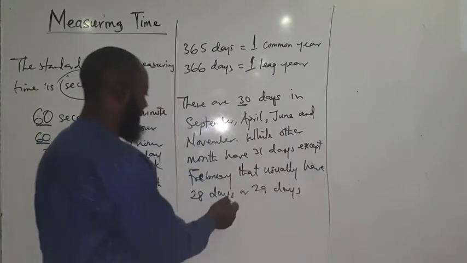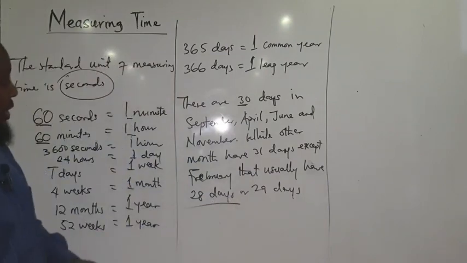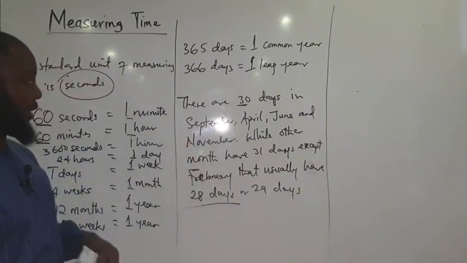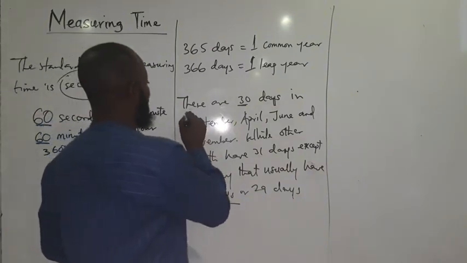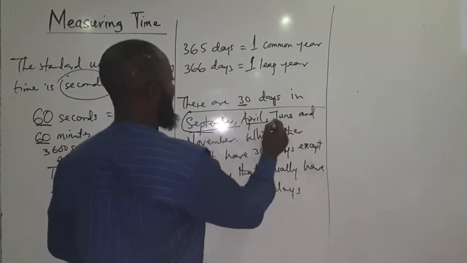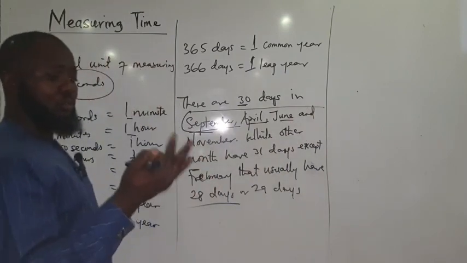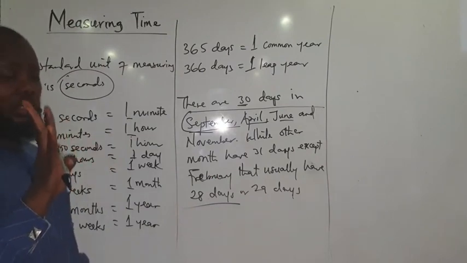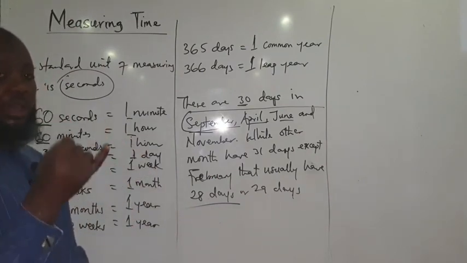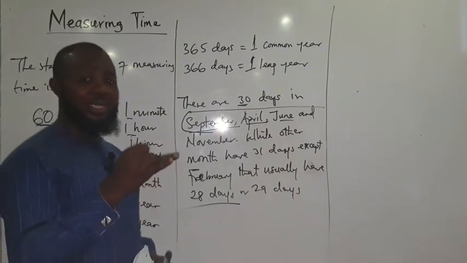It will be 28 days in a common year and 29 days in a leap year. This is very important. So just take note. Once you know these four, September, April, June, and November, they always have 30 days, while February has either 28 days or 29 days.